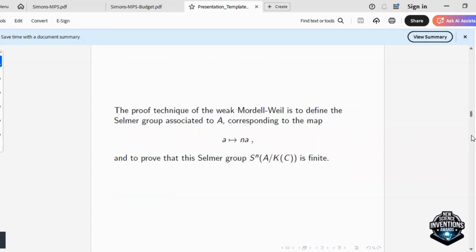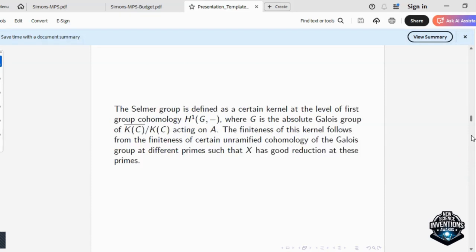the proof technique for this weak Mordell-Weil is to define something called a Selmer group associated to A, and to prove that the Selmer group over this function field is finite. So the Selmer group is defined as a certain kernel at the level of first group cohomology, H1(G, ...) of the object which we are considering.